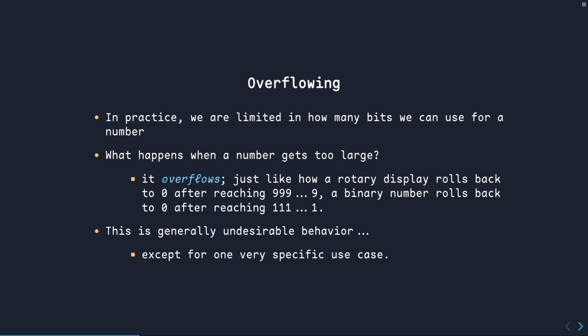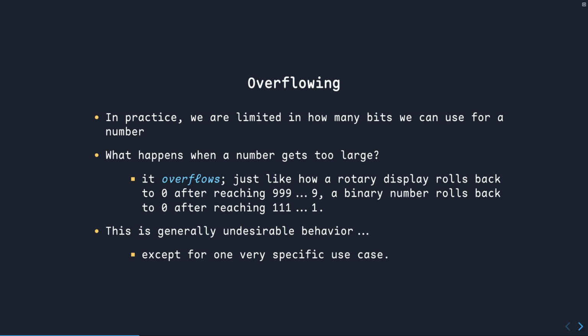And when you exceed the maximum number you can represent within your number range, you get what's called an overflow, which is basically what happens when your rotary display reaches 9999 and then flips back to 0. And this is most of the time undesirable behavior. It's basically the source of a lot of bugs you see, also a lot in games. If you're looking at Minecraft, it has a lot of overflow related bugs as far as I know in older versions.